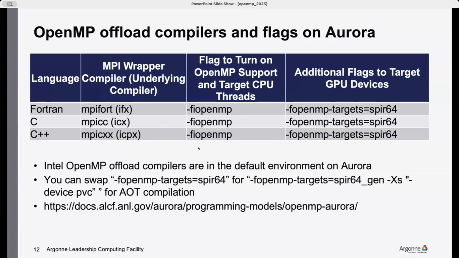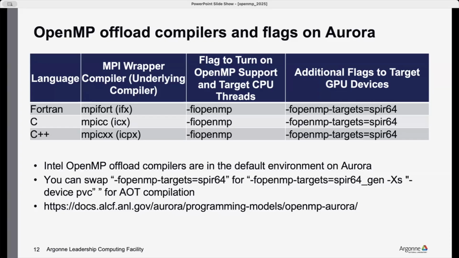If you want to turn on support for CPU threads, they all have the same flag, which is nice: -fiopenmp. And if you want to target the GPU devices, meaning the pragma omp target will be honored, you need -fopenmp-targets=spir64.